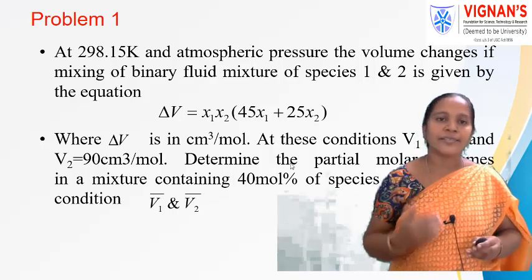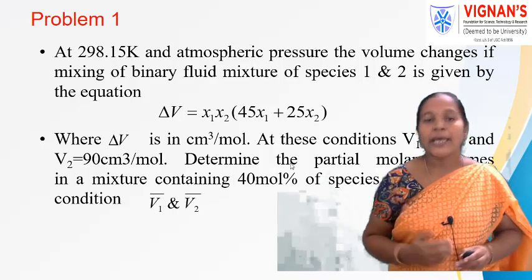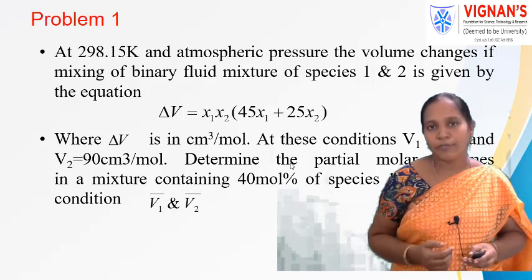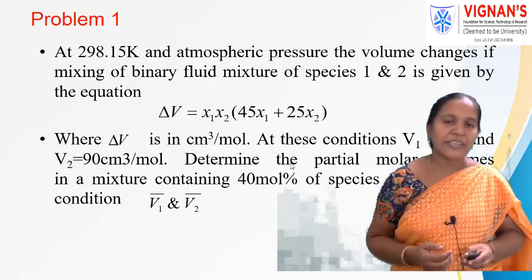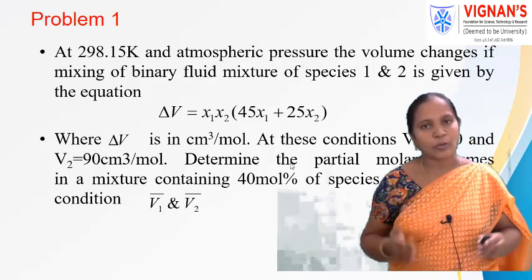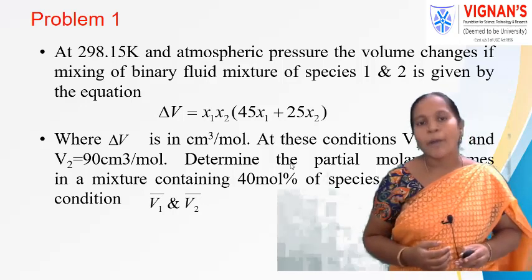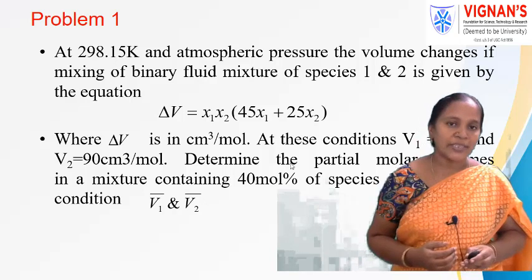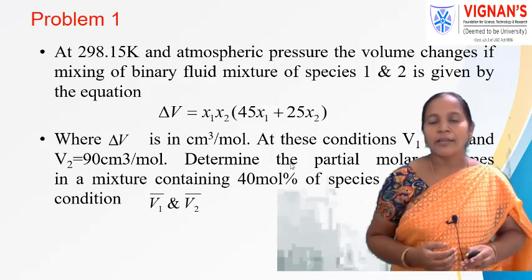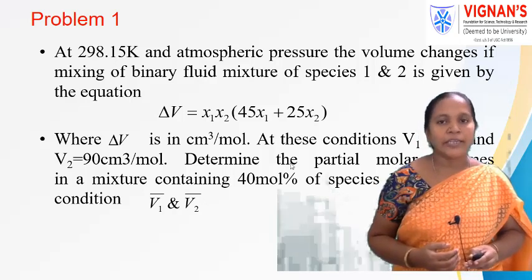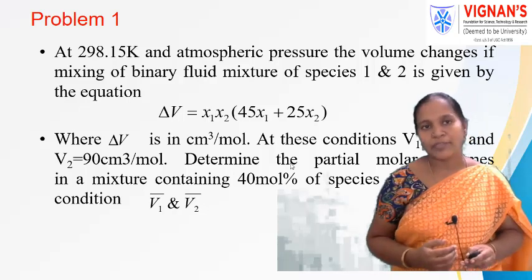By using this given delta V expression, calculate V first and differentiate V with respect to x1. After that, substitute all values in the partial properties expressions. Then calculate. That is our aim of this problem.